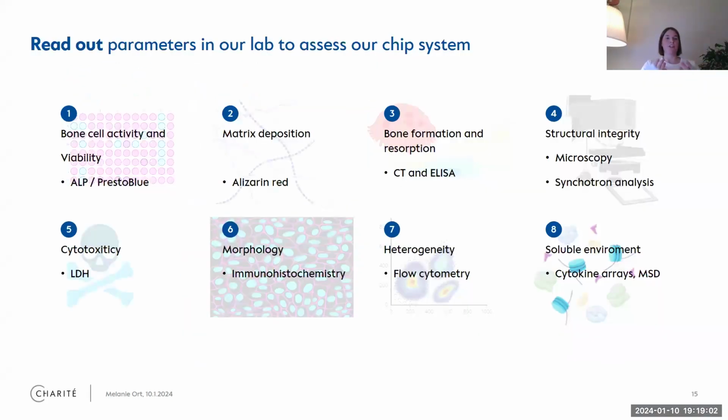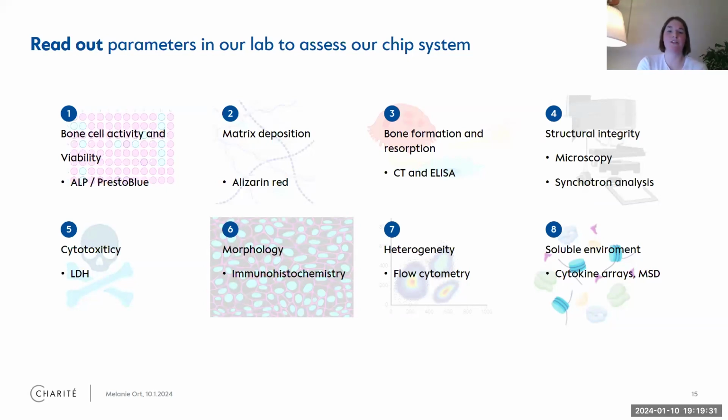To just show you some readout parameters that we use in our lab, just briefly. We monitor bone cell activity and viability, especially at the beginning in 2D. We check for matrix deposition because we want to know if our cells are really making bone in the end. During the run and also afterwards, we look for bone formation and resorption. We do that with really fancy nano and micro CT and ELISAs.